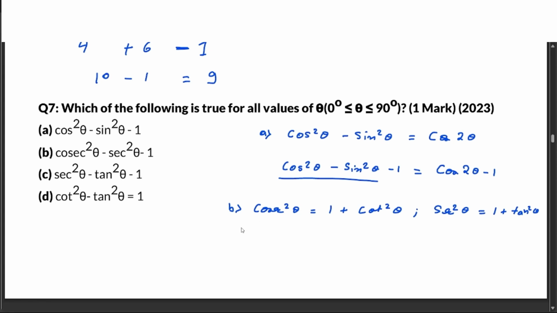Now in our question, we can substitute: in place of cosec square theta, 1 plus cot square theta, minus, 1 plus tan square theta, minus 1.